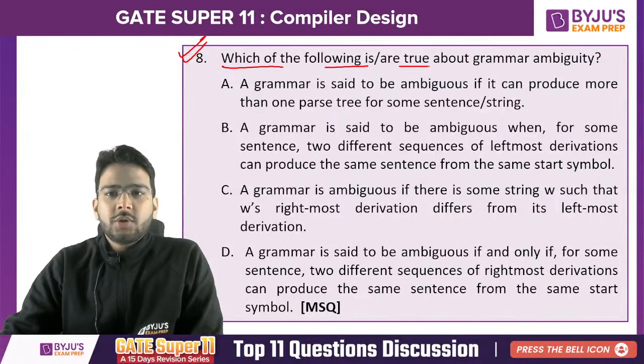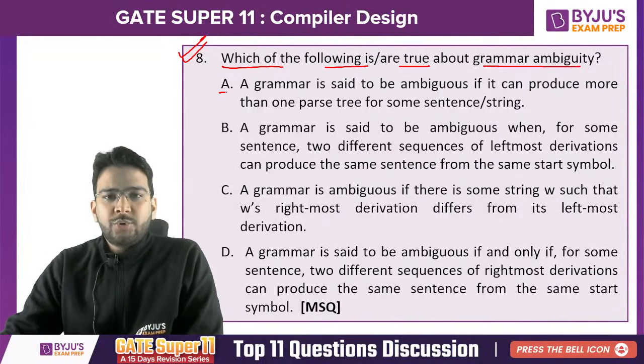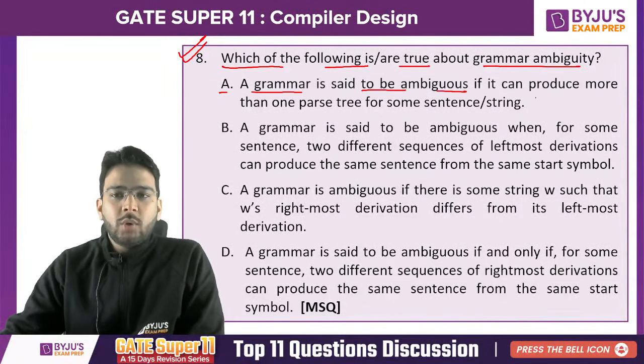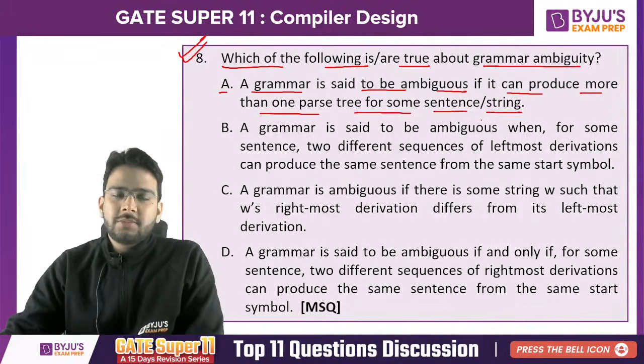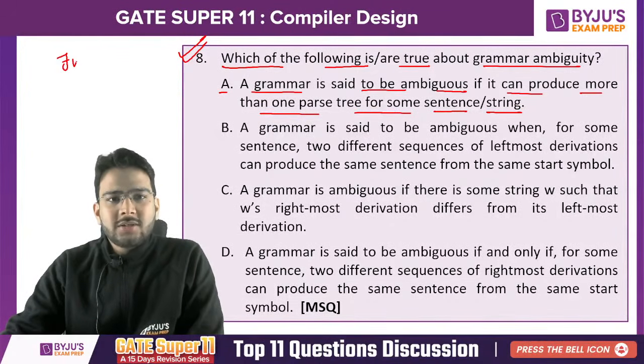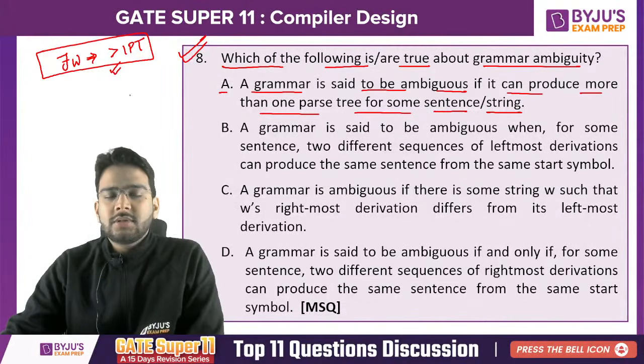Which of the following is or are true about grammar ambiguity? Option A: a grammar is said to be ambiguous if it can produce more than one parse tree for some sentence, or for some string. That means if there exists at least one string for which you have more than one parse tree, clearly we can say the grammar is ambiguous.